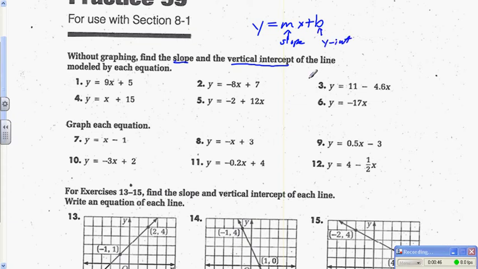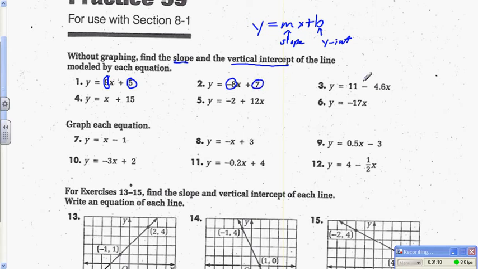In other words, the vertical intercept is another word we've heard. So when looking at this, we have a slope of 9 and a vertical intercept of 5. Number 2, we have a slope of -8 and a vertical intercept of 7.